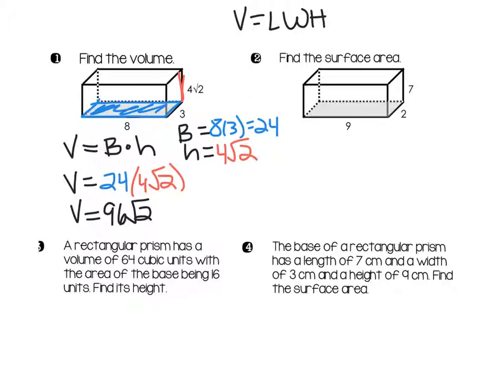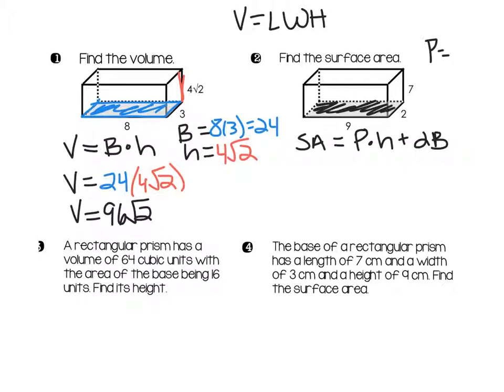Next, we're going to find the surface area. So to do surface area, we want to write our surface area formula, which is perimeter of the base times height plus 2 times the area of the base. So perimeter of the base, well, it helps if we identify where the base is. There we go.